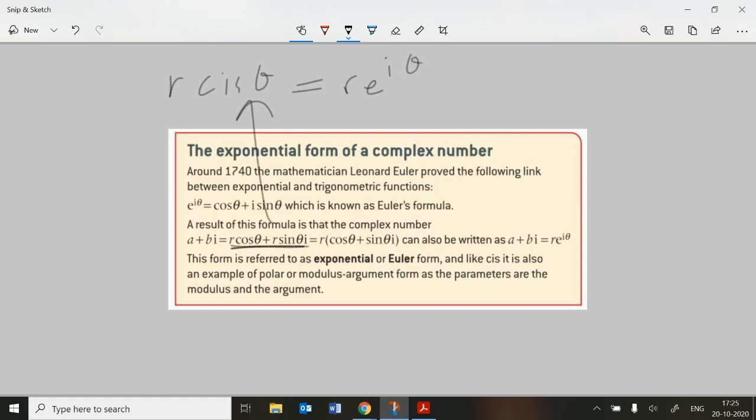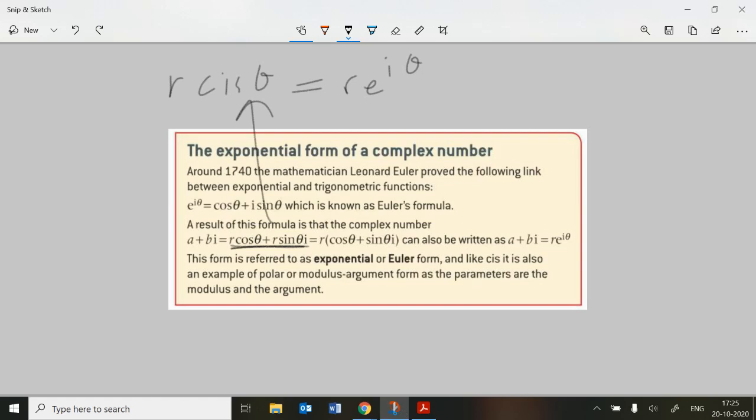Now this is known as Euler's form, and essentially this is also Euler's formula if we get rid of the r in front of both. So we have a polar form here, and we have an exponential form, or Euler's form here. They can also call it exponential form.